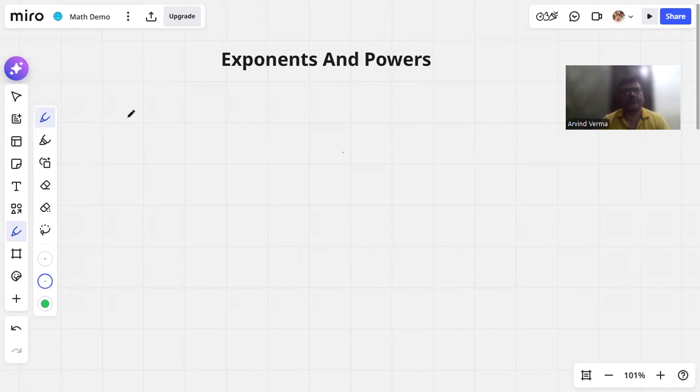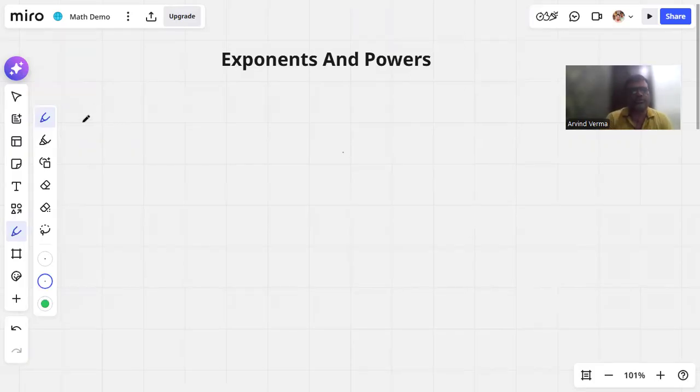And before going too deep into the exponent, let me clear you why we should study exponent and power. What is the logic behind learning this concept? What is the application of the exponent and power in real life?